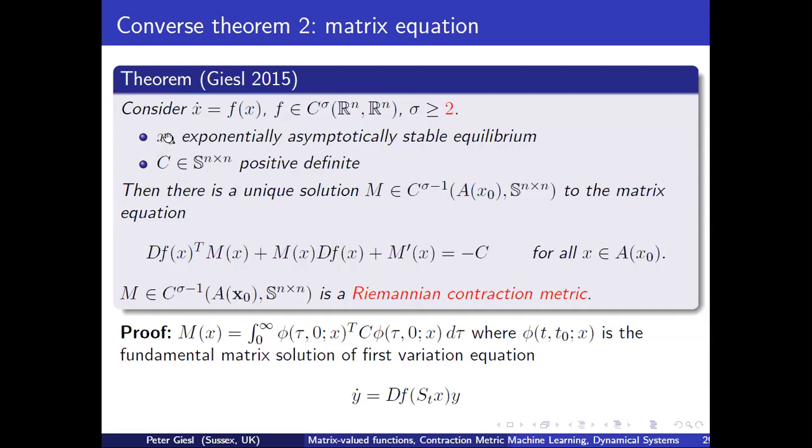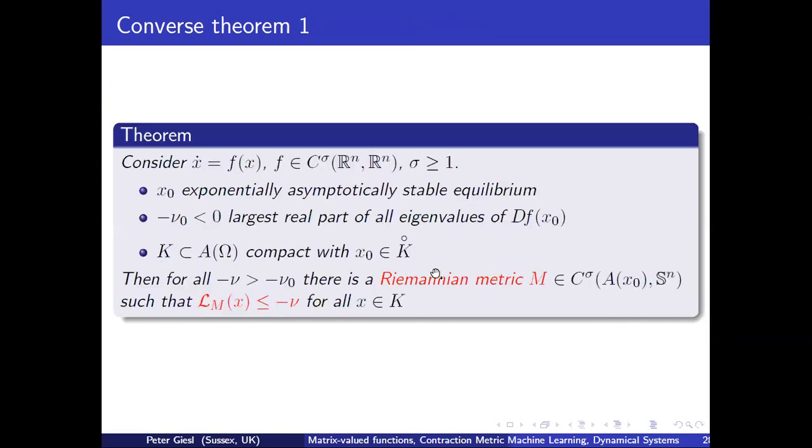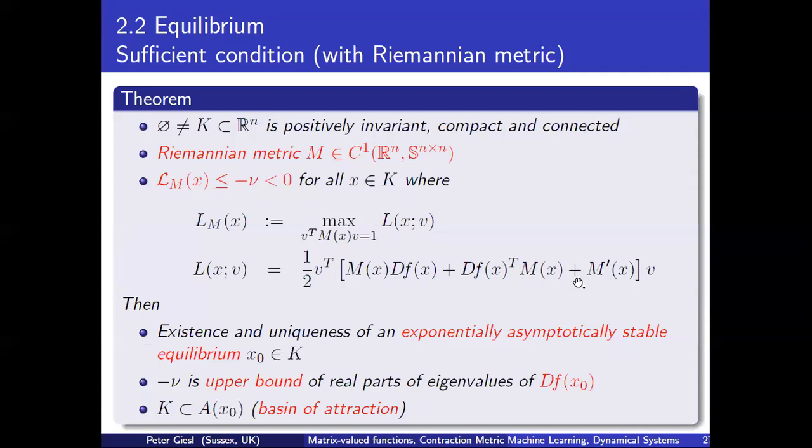Again, we assume we know there's an exponentially asymptotically stable equilibrium point, and C is a positive definite matrix that comes up here. Then this M, which will be our Riemannian contraction metric, is a solution of this matrix valued equation. And you will recognize this part, at least, I will go back, is exactly this expression here.